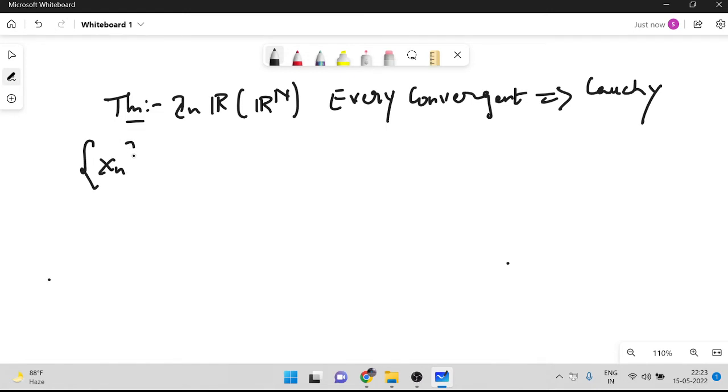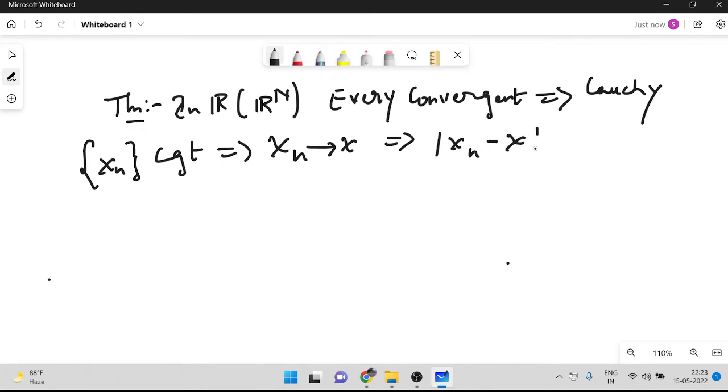If Xn is convergent, it implies Xn converges to X, which implies mod of Xn minus X is less than epsilon for n greater than or equal to n0, for some n0 that exists.